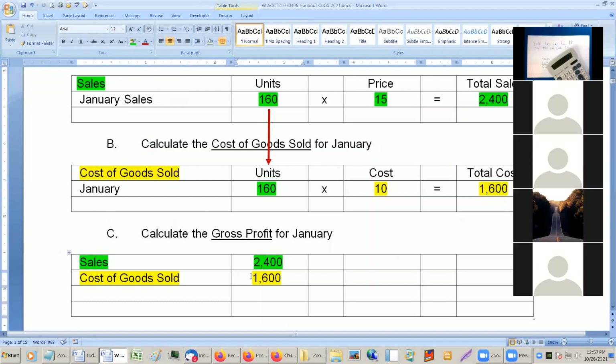And now, because this is a cost, I'm going to put a negative in front. You can just leave it like it is if you want, as long as you subtract it. I'll bold both of those. And so this will give us our gross profit, $800.